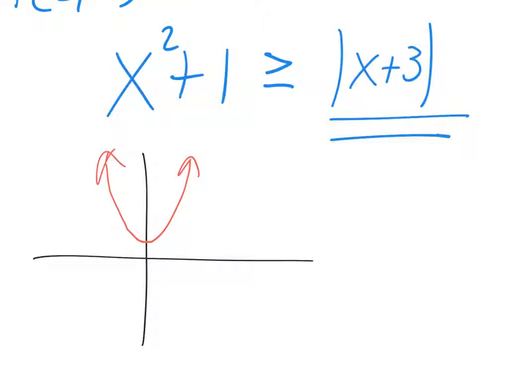Parabola shifted up 1. V shape, absolute value, shifted left 3.